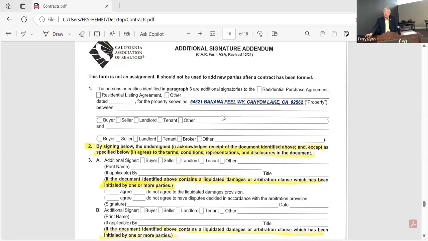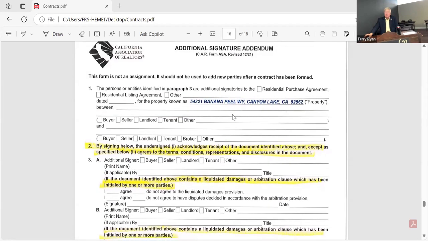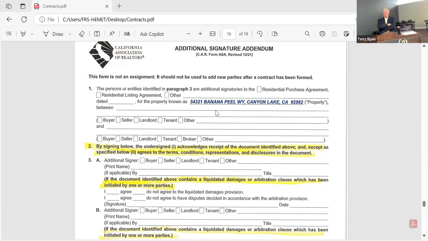Basically here, understand what this kind of thing is. This is not to be used to add a new party after a contract has been formed. So a contract, this signs on things like conditions and disclosures and things like that.